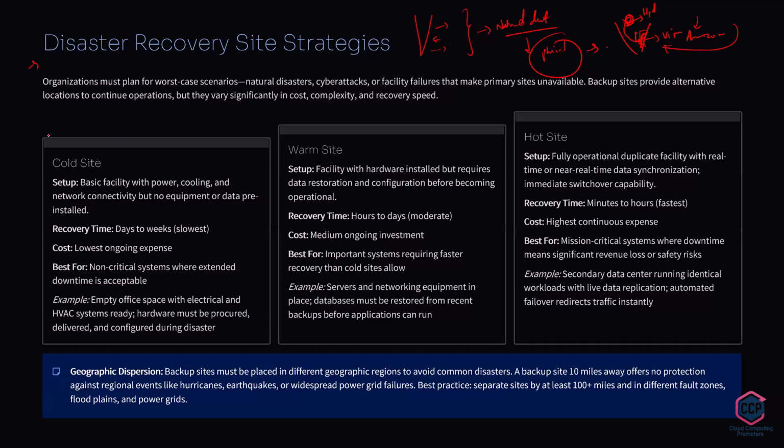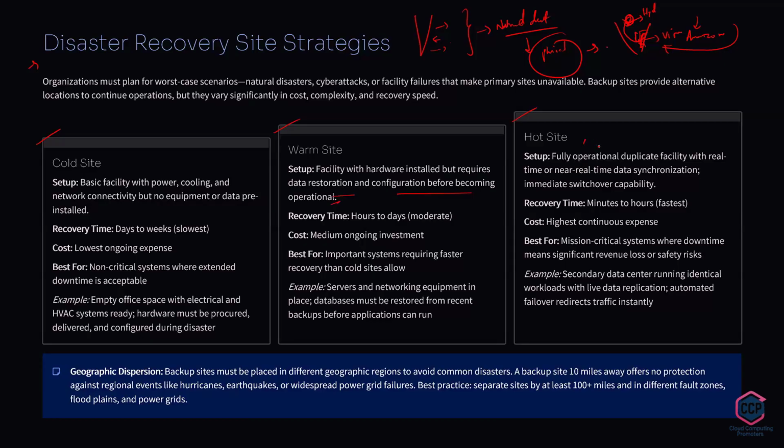So there are cold sites, warm sites, and hot sites. A cold site has the basic availability of power, cooling, and network connectivity, but no equipment or data pre-installed. A warm site has hardware installed but requires data restoring and configuration before becoming operational.